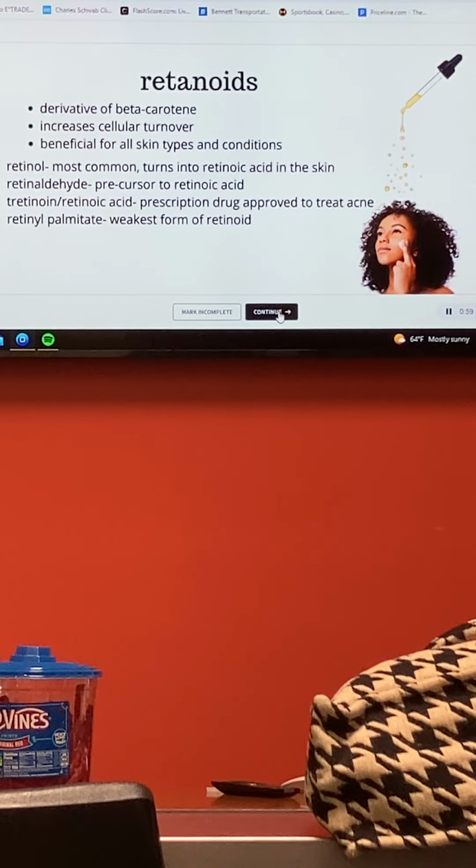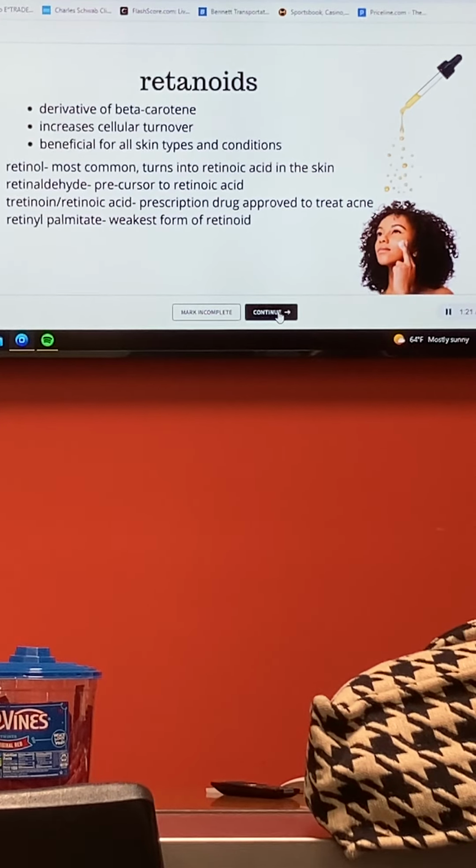Retinol is the most popular form of the retinoid and is present in many anti-aging skincare products. It's a potent anti-aging ingredient which deactivates the matrix metalloproteinases that break down collagen. So there's a lot going on there. But what it's really doing is increasing cellular turnover and improving the skin's moisture retention.